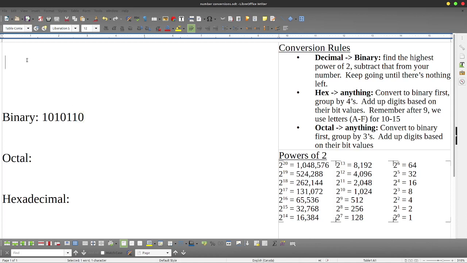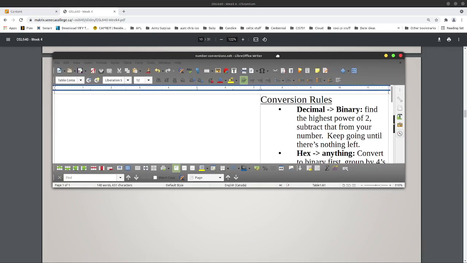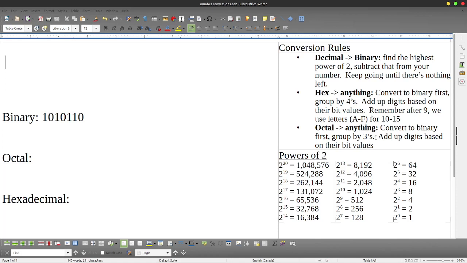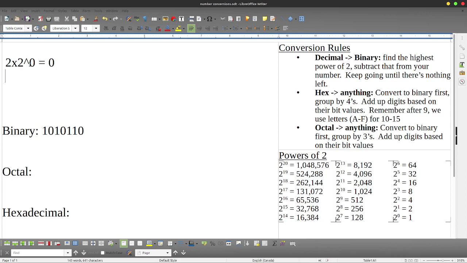So we have our first one is, give me a second. Our first place value here, of course, is 0 times 2 to the power of 0, which is going to give us 0. Next over is 0 times 2 to the power of 0.